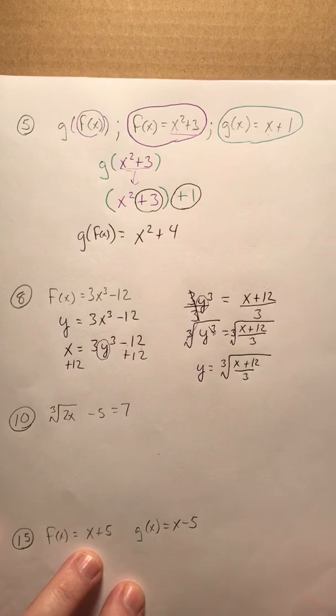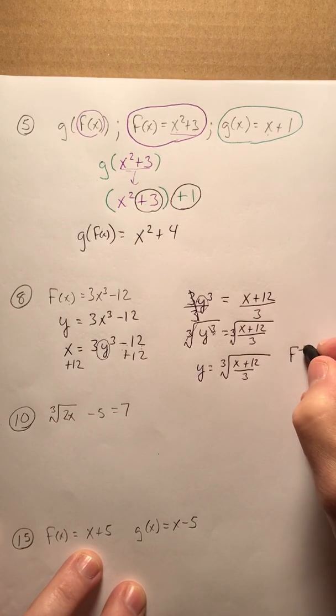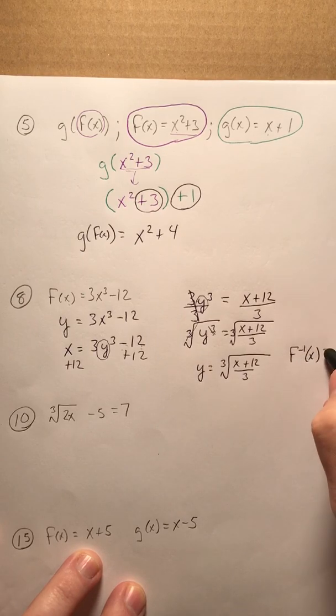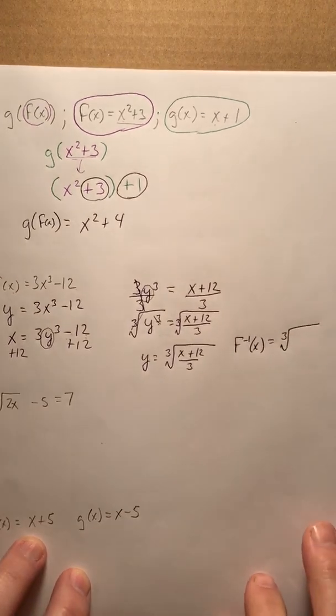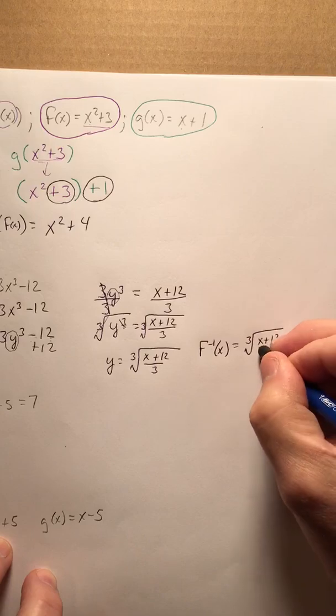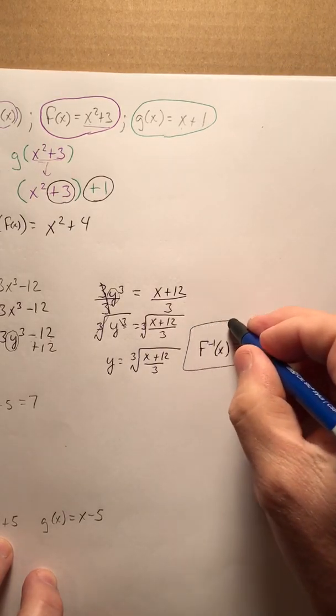And you can leave your answer like that. You really should write it as f to the negative 1 of x, which means the inverse of f is equal to the cube root of x plus 12 over 3. All right, so that's how you really should write that answer.